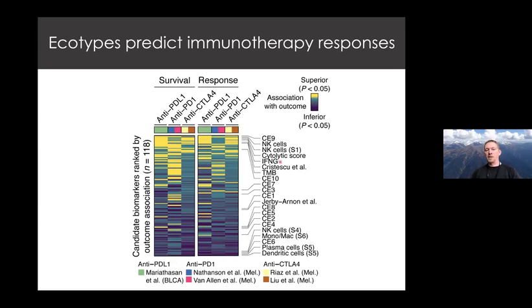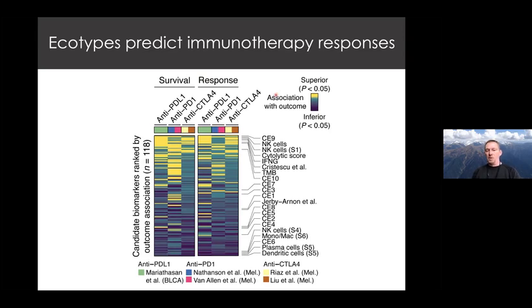But what was surprising to us is that when we looked at the association of different signatures, including the ecotypes, with immunotherapy response, right at the top of the list was ecotype 9, as being very good at predicting favorable outcomes, both in terms of survival on the left, so this is overall survival or progression-free survival, as well as response on the right, so whether somebody achieved a partial or complete response compared to stable disease or no response.